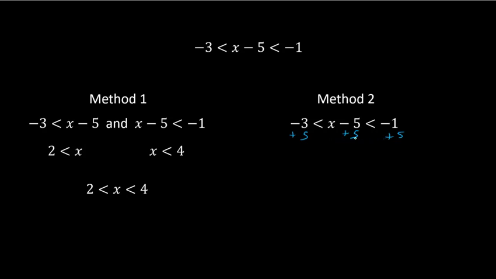So instead of adding 5 just to two parts, to two sides, we have 3 parts to add 5 to. So when you do that, in the middle we have x, on the left we have positive 2, and on the right, negative 1 plus 5 is positive 4. So method 2 is my method of choice, but you're welcome to split it apart as two different statements, as you see in method 1.